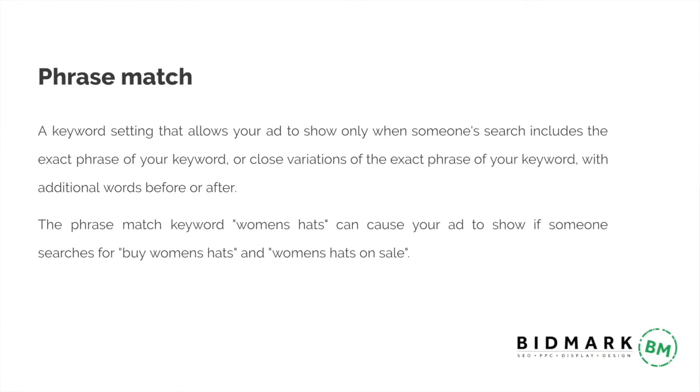Whereas with broad match modifier, the words can be in any order, with phrase match, they have to be in the same order. The phrase match keyword, women's hats, will cause your ad to show if someone searches for buy women's hats or women's hats on sale.